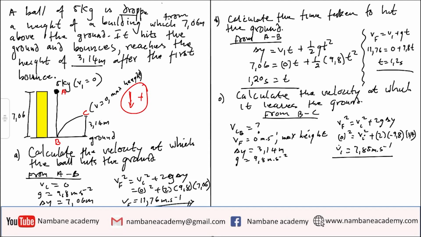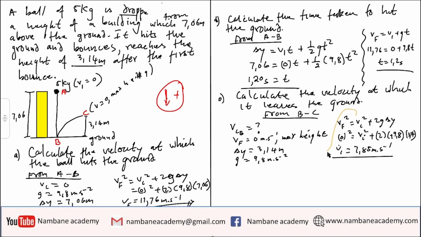Yes, VC. So why is the 9.8 negative? Because remember, we chose our direction to say, oh, sorry, it must be positive, because it is also going down. Thank you, VC. Positive, and this one must be now negative. Delta y must be negative.